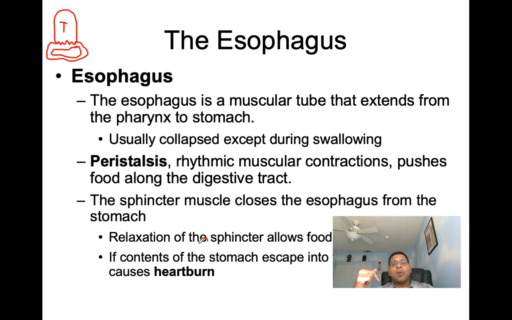And then we're going to have one at the exit of the esophagus, right at the entrance of the stomach, and that's going to be called the lower esophageal valve or the gastroesophageal valve. So two sphincters there that I want you to know about. I'd like you to know that the esophagus is going to be a closed structure when the sphincters contract. And it's going to be an open structure when the sphincters relax.